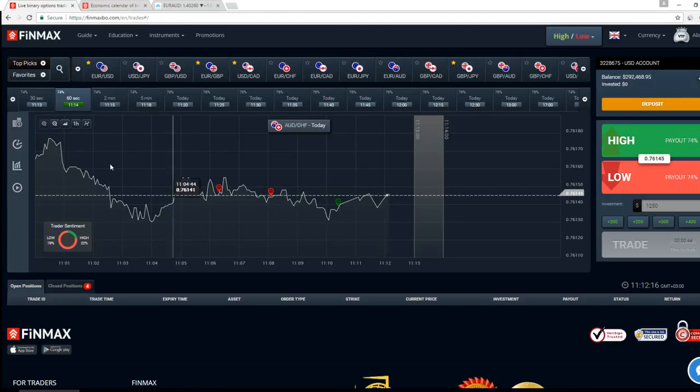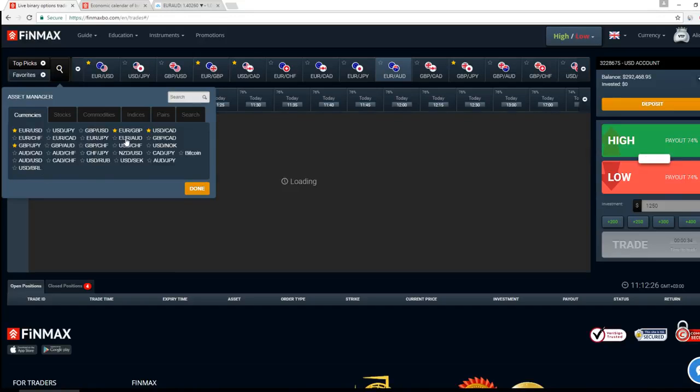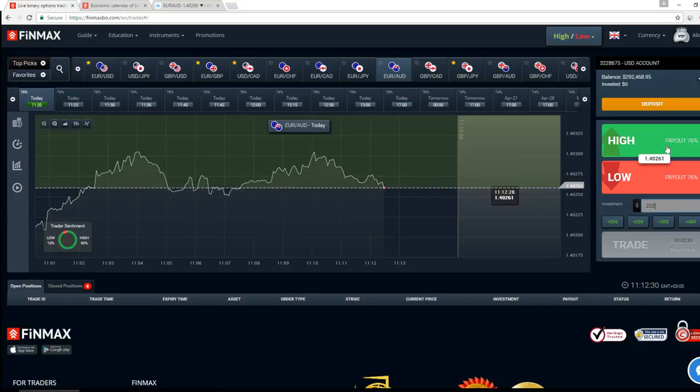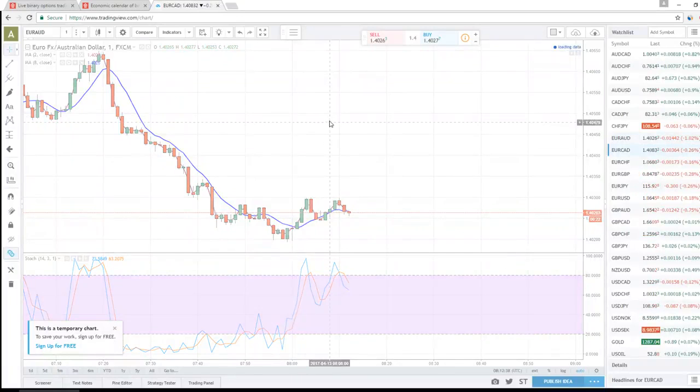Okay, the third trade here closed in the profit, so we covered everything from the previous trades. And I need funds to find Euro to Australian dollar to open it for low for 1 minute. Come on. Okay, we don't have this trade right here, so I won't trade.